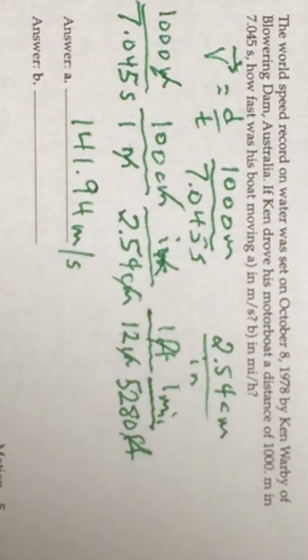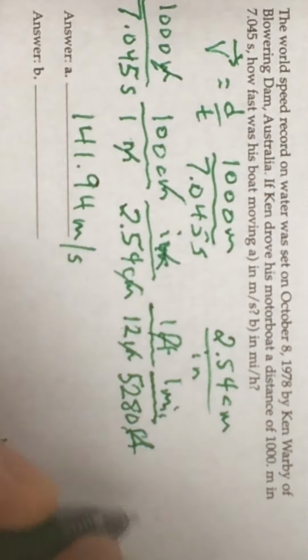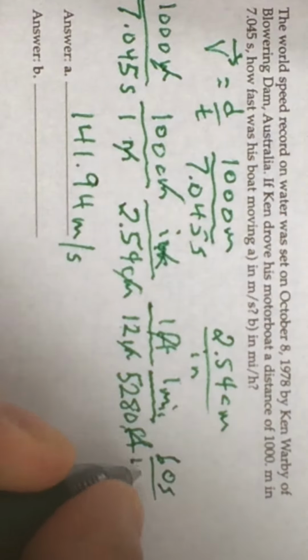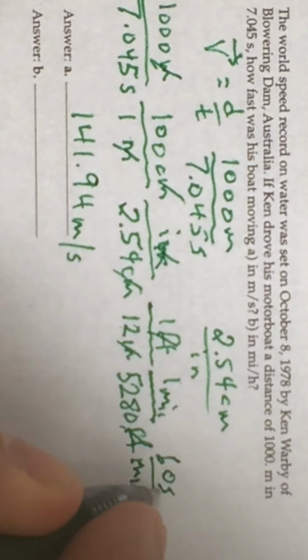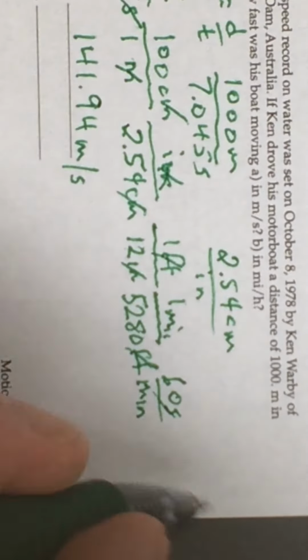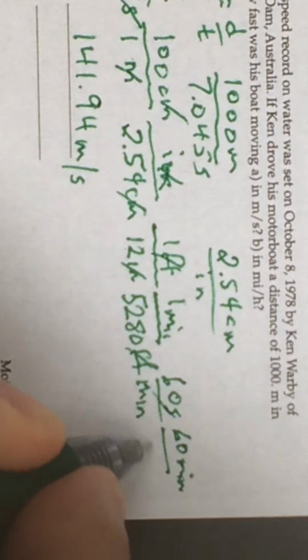Okay, I've got the top number down, right? I just need to get this one right. And so seconds, I've got 60 seconds in a minute. Okay, so now seconds have canceled. Now I've got miles per minute, and I'm going to do it one more time. There are 60 minutes in an hour.